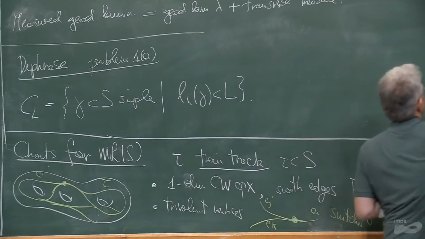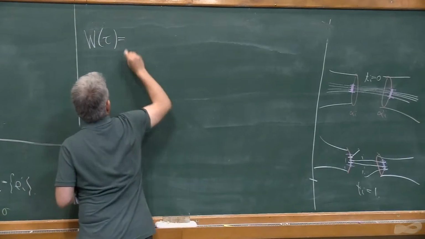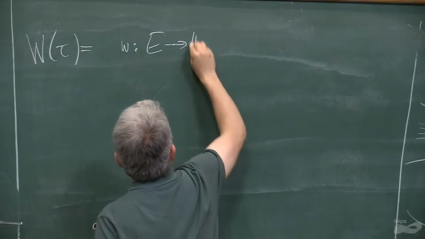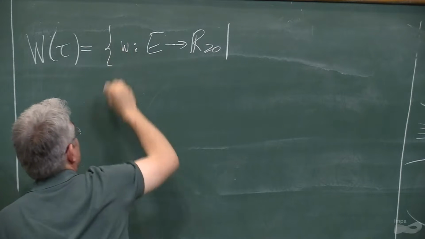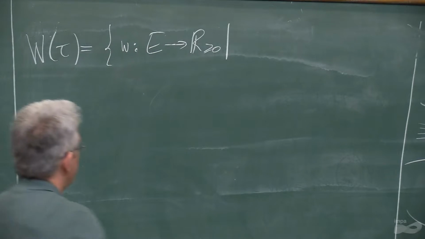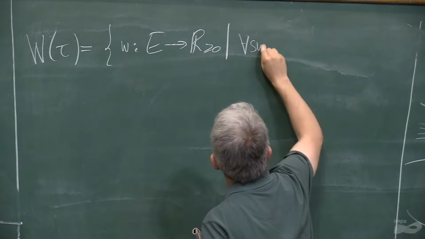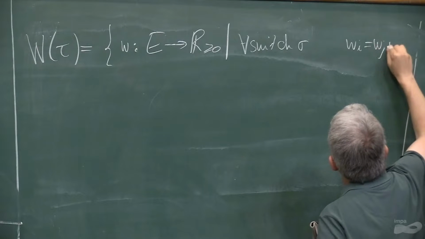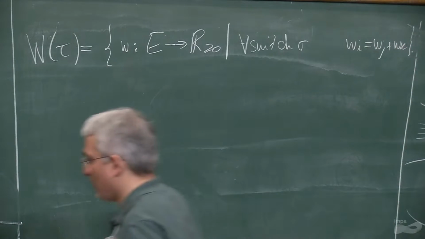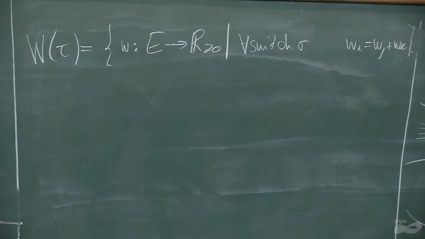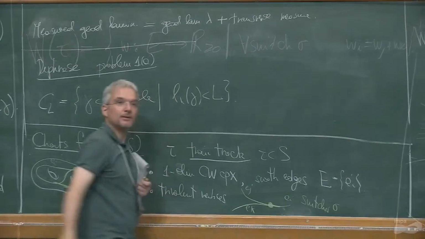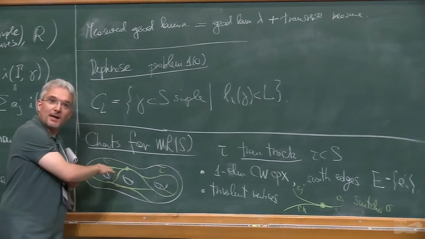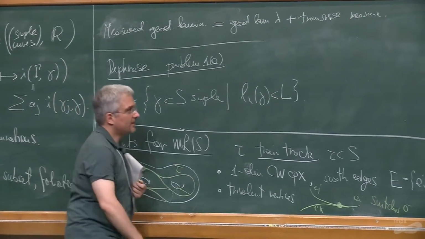So the set of weights is: you take maps from the set of edges to R, and you ask that for every switch the two edges on one side have weights that add up to the weight on the other side.